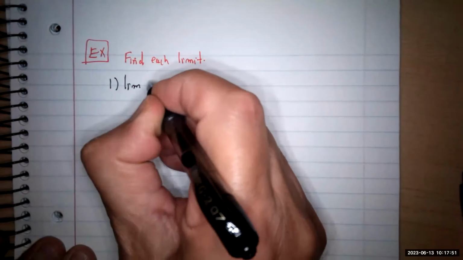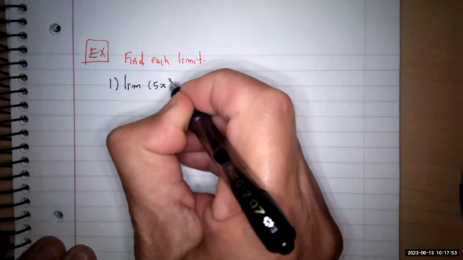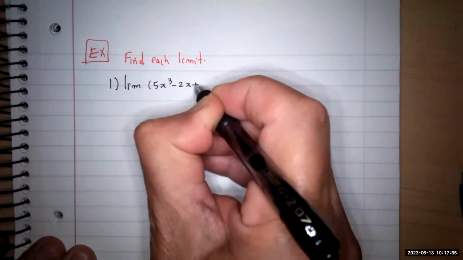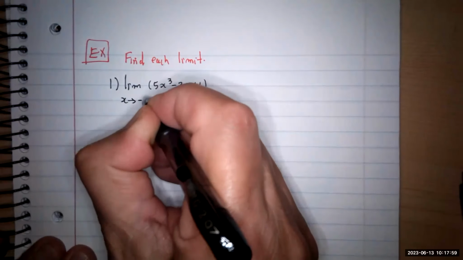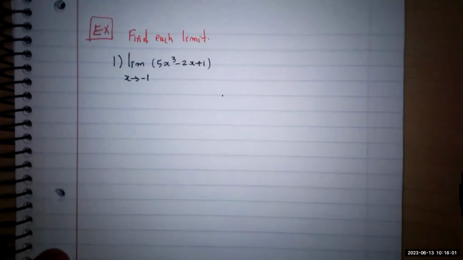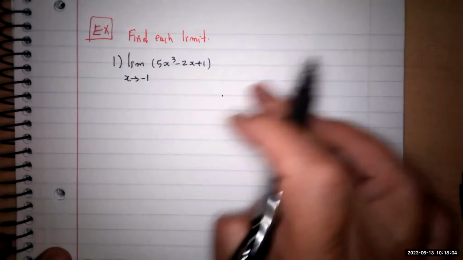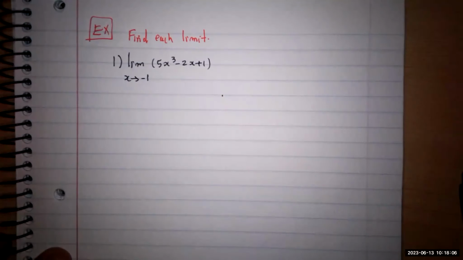The first one: find the limit of 5x cubed minus 2x plus 1 as x goes to -1. What type of function is this one? 5x cubed minus 2x plus 1. Polynomial. Excellent. We know that the limit of a polynomial can be found by direct substitution.